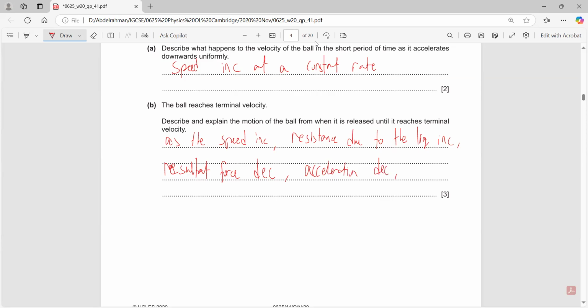When the acceleration decreases, it finally reaches the terminal velocity when the acceleration equals zero, or when the resultant force is equal to zero, at which the weight, the downward force, is equal to the drag, or the upward force of the water.